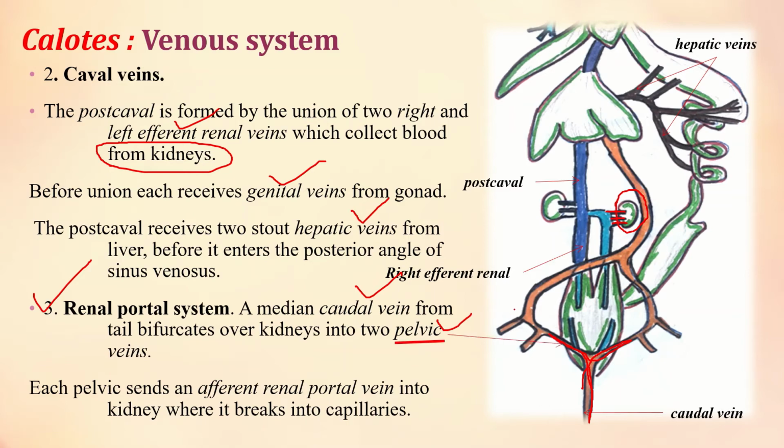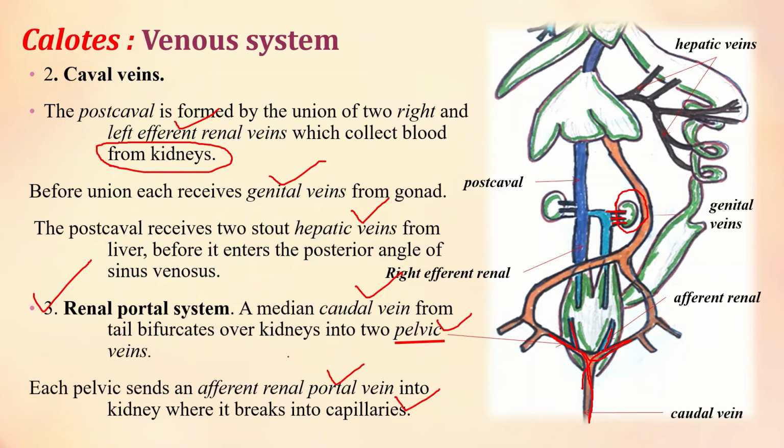These pelvic veins send branches towards the kidney, called afferent renal portal veins. The afferent renal portal veins, when they go towards the kidney region, break into capillaries. So the pelvic veins send branches of afferent renal portal veins into the kidneys.